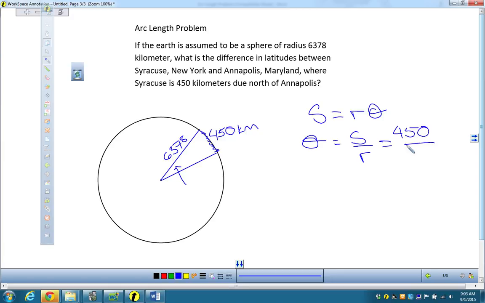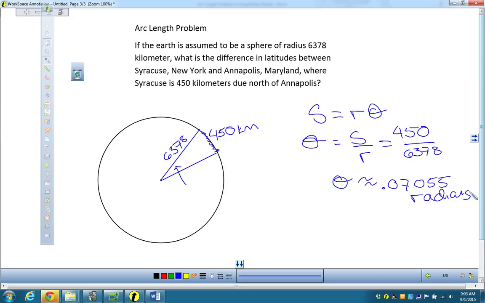And R is 6378. And then you plug that into your calculator, and you get that theta is about equal to 0.07055 radians. Okay?